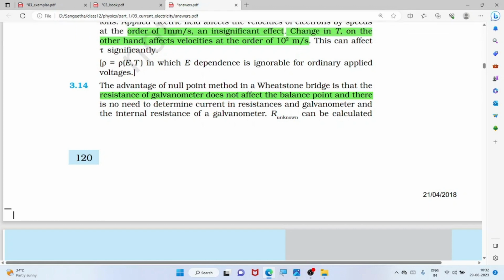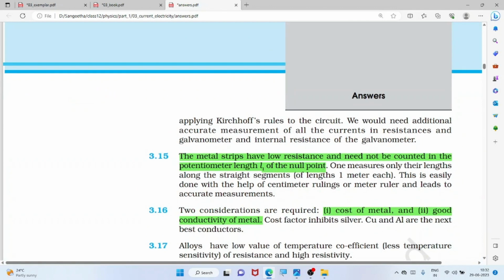So there is no need to determine the current and the internal resistance of the galvanometer, or the unknown can be calculated by applying Kirchhoff's rules on this circuit. We would need additional accurate measurements of all currents and the resistance of the galvanometer.